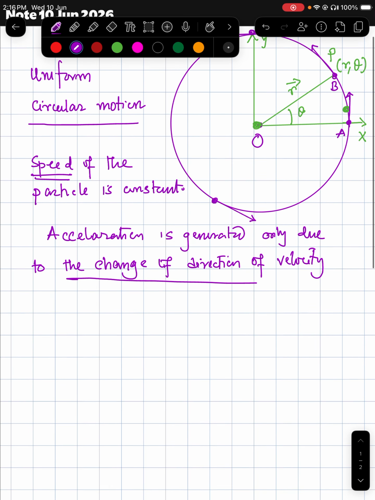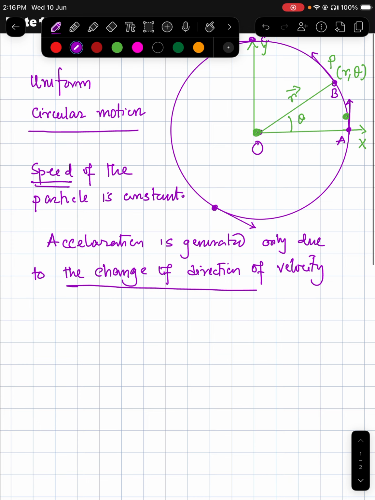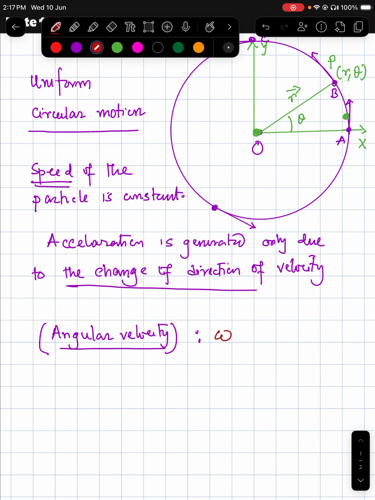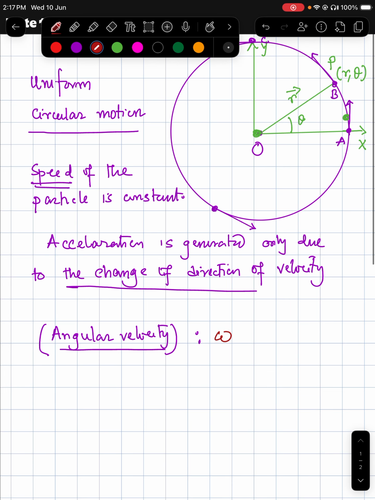To know this, we have to define a parameter. Parameter in the sense we have to define a characteristic of the motion, which is called the angular velocity. It has three names, but for this chapter, we take this name particularly, angular velocity, which is denoted by the Greek letter omega.